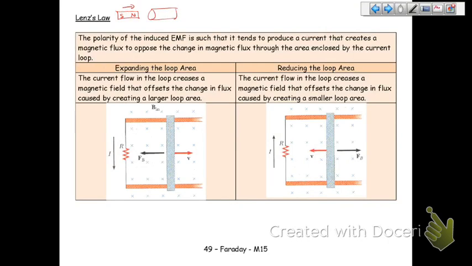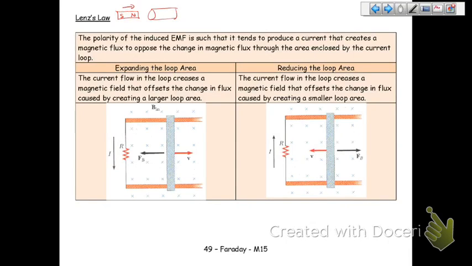That's going to induce an EMF. The EMF is going to set up a magnetic field. If it flows one way around the coil, I'm going to get the magnetic field set up one way. If it goes the other way around the coil, I'm going to get the magnetic field set up the other way. So the magnitude is fine, but the direction is not given by the magnitude.